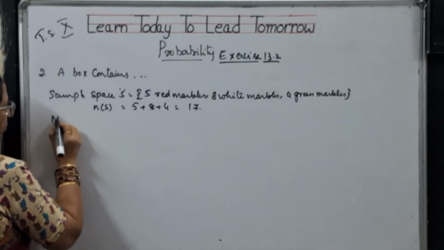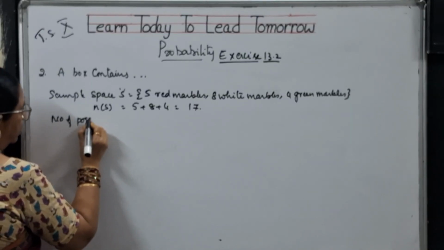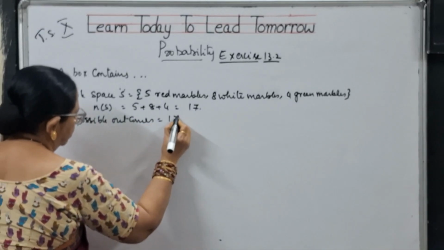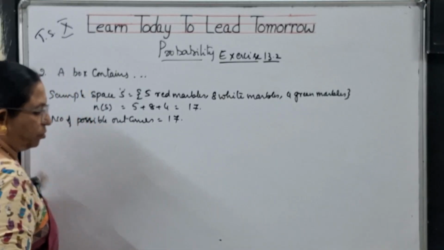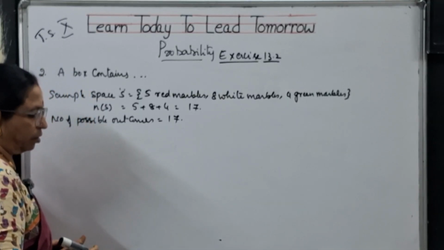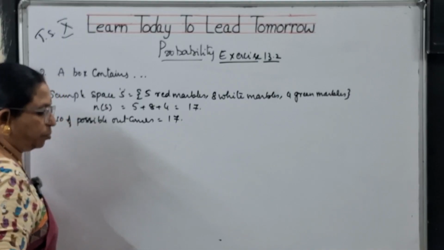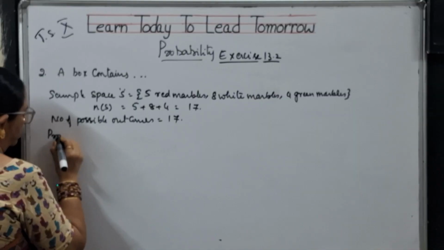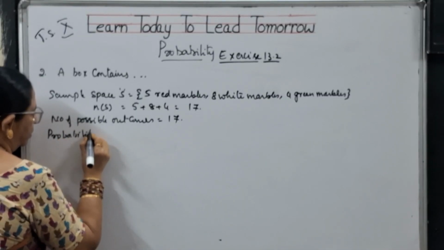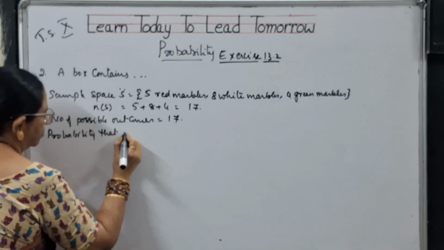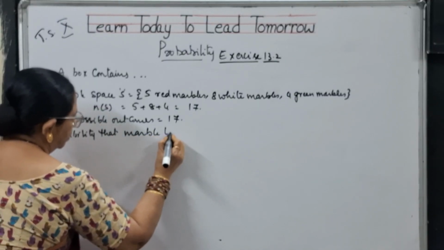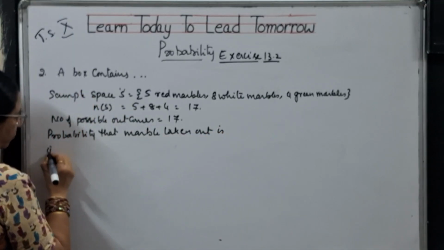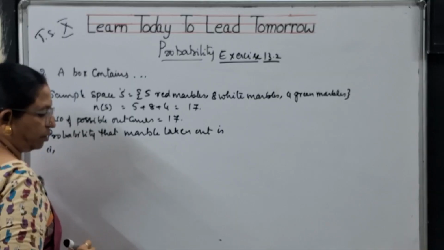That means number of possible outcomes is equal to 17. Now, the question is, one marble is taken out of the box. What is the probability that the marble taken out is, first one they have asked, red.